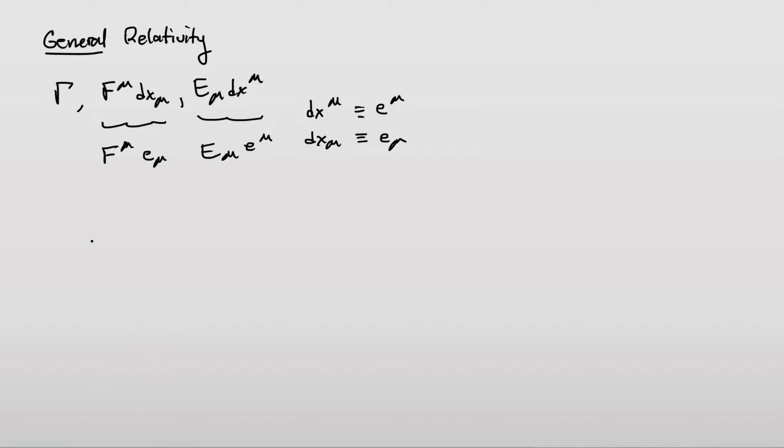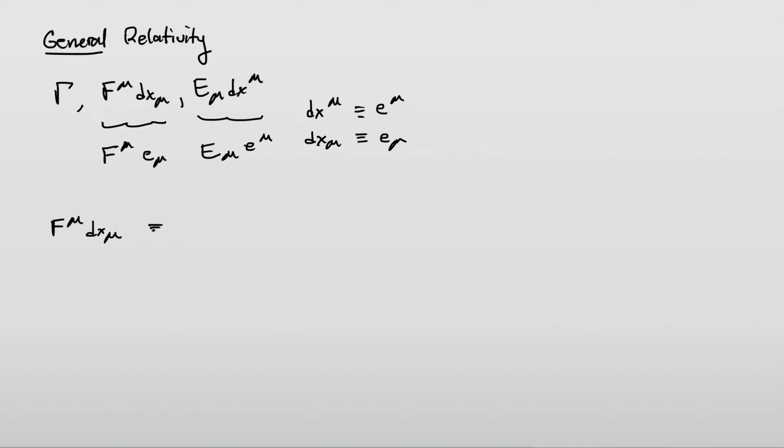But this is an interesting concept now, because we want to take a look at what would happen if we look at these contravariant guys, f mu dx mu, like this.